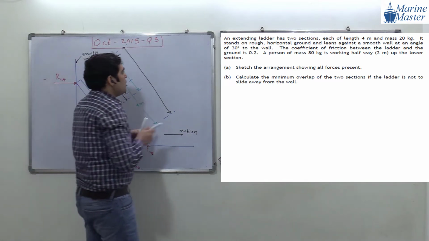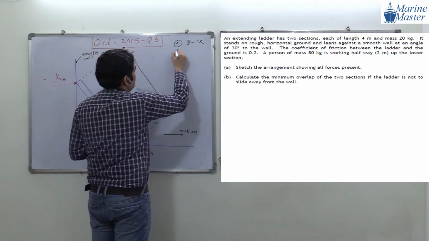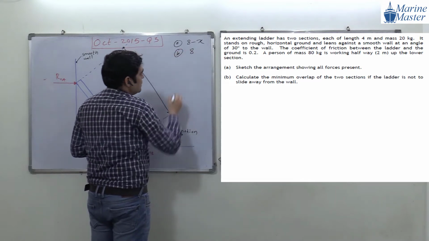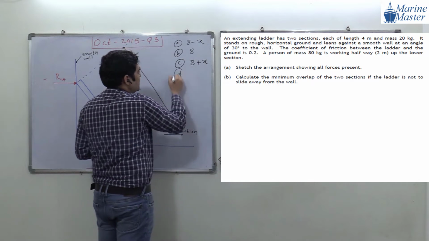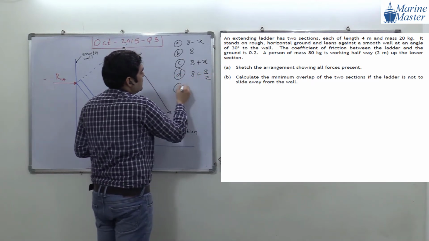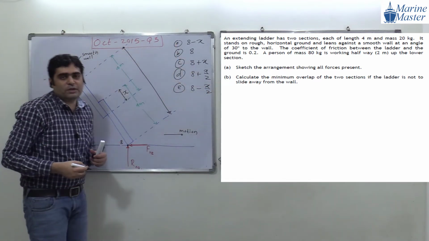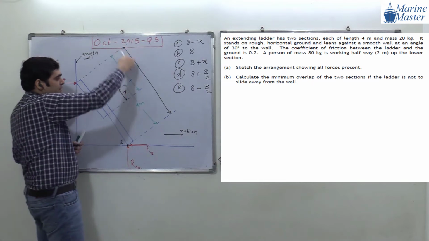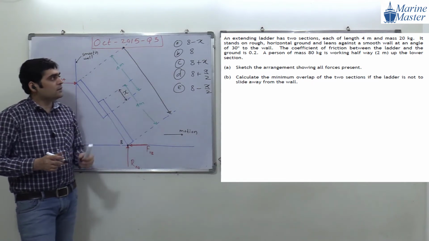Option A, 8 minus x. Option B, 8. Option C, 8 plus x. Option D, 8 plus x by 2. Option E, 8 minus x by 2. Out of these 5 options, which option is correct? What will be the current length of the ladder?